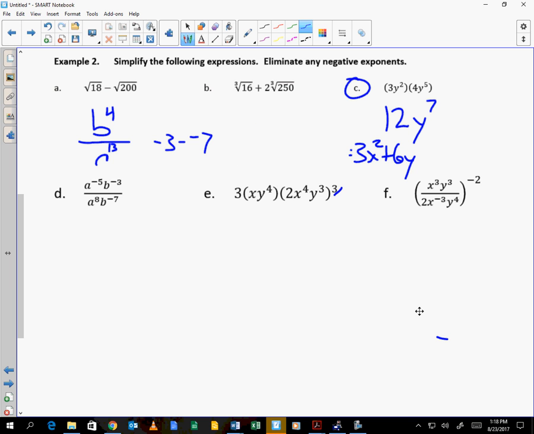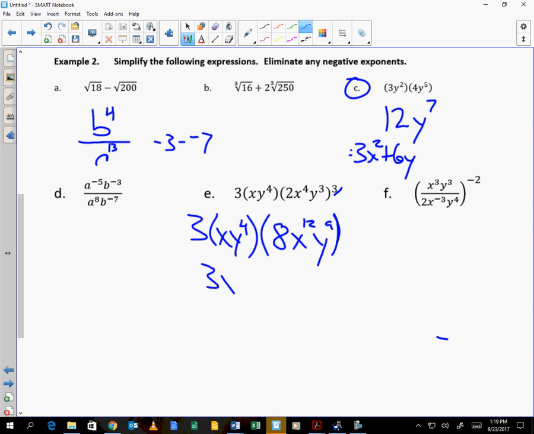And deal with that guy. So I have 3 times xy to the fourth. And what do I do to the cube? Or to the 2? Do I cube it or multiply by 3? Cube it to get x to the 12th, y to the... Now, this 3 out here, are these parentheses really necessary?